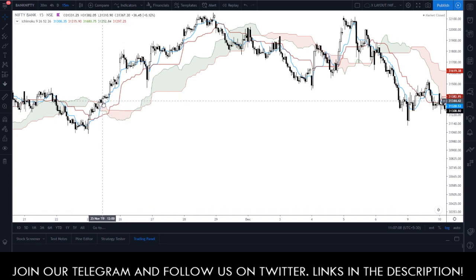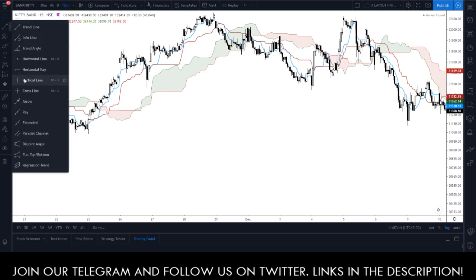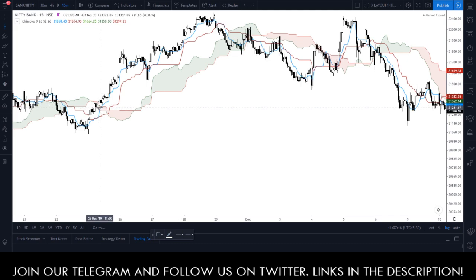If you see that the price action was here at this particular time, I'll just take this example. I'll draw a vertical line here, right? If you see at this particular point, the blue line is below the cloud and the red line is below the cloud as well, right?